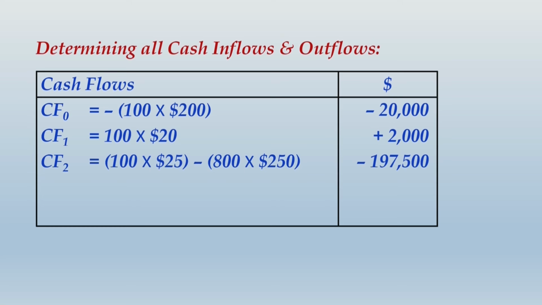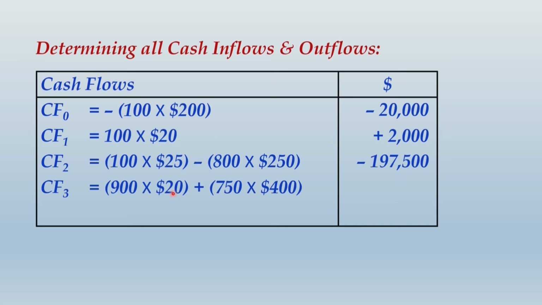In the third year, the dividend will be received on 100 original shares plus 800 new shares purchased. Dividend will be received on 900 shares at the rate of $20. So 900 shares into $20, $18,000 will be the dividend cash inflow.